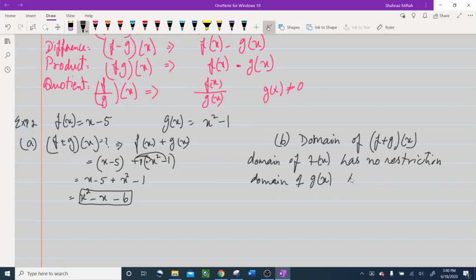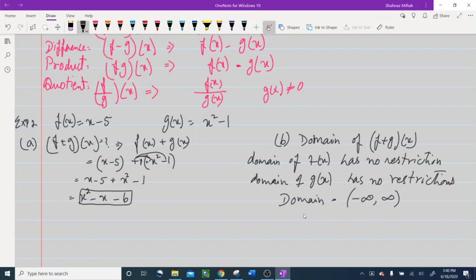The domain of g of x has no restrictions either. So if you don't have any restrictions, then what is your domain? The domain of the combined function is negative infinity to positive infinity. So we're good.